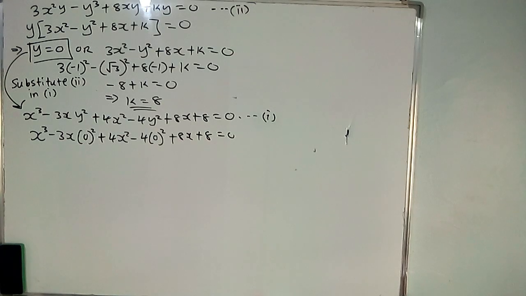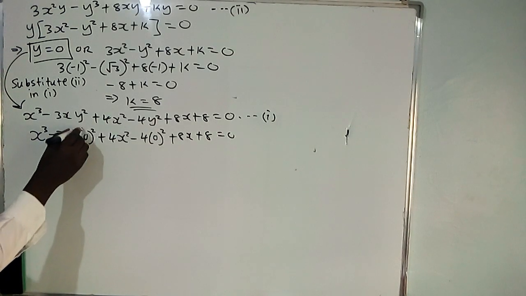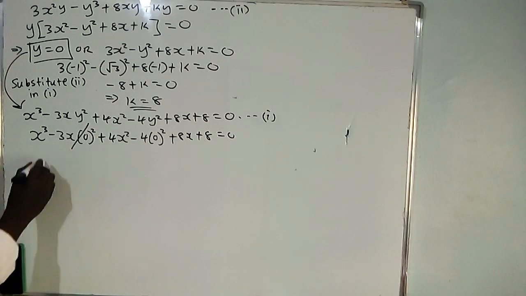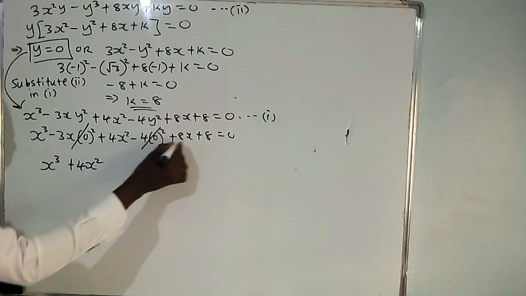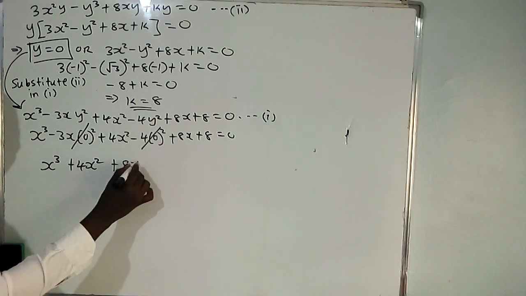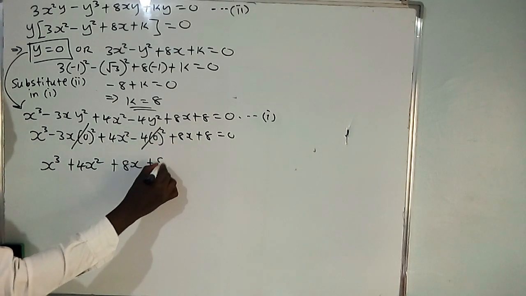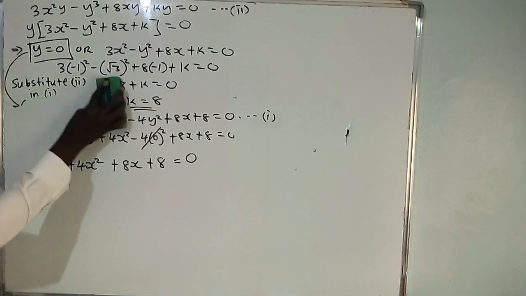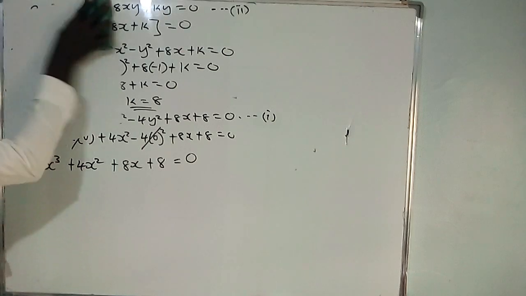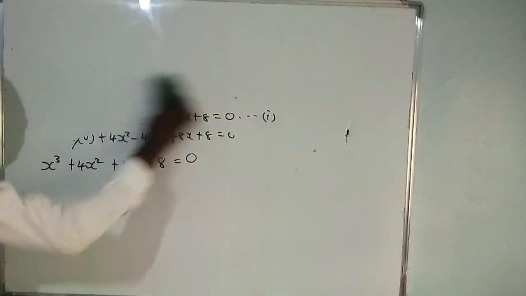So what do we remain with if you simplify? x cubed plus 4x squared plus 8x plus 8 is equal to 0. So when y is equal to 0, it means x cubed plus 4x squared plus 8x plus 8 is equal to 0.